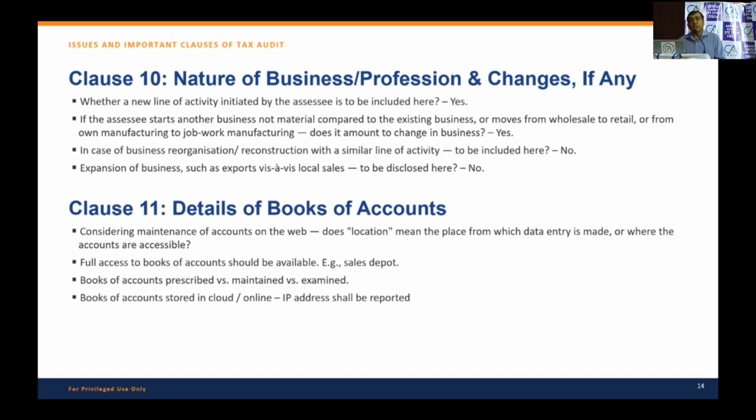The answer is no. Appropriately, we'll have to make sure that we make disclosures that these are accessible from the office, but the accounts are maintained online. It is mandatory that we mention the IP address where these accounts are maintained. Therefore, please be careful in case of SSEs who are maintaining online books like Zoho or QuickBooks or any other such tools. In those cases, we'll have to report the IP addresses where the books of accounts are maintained.